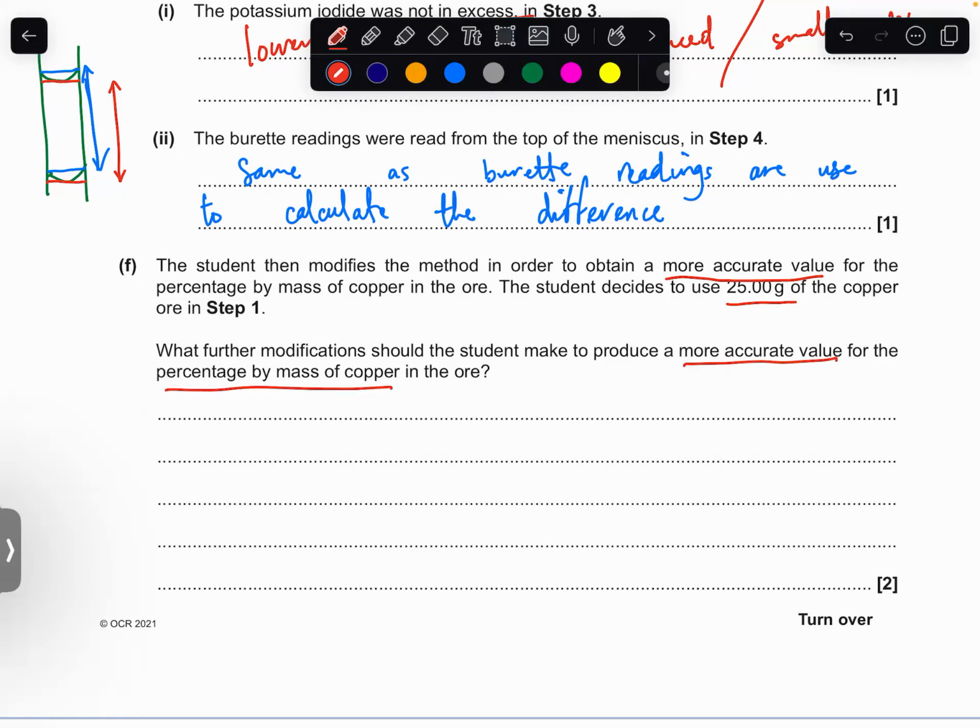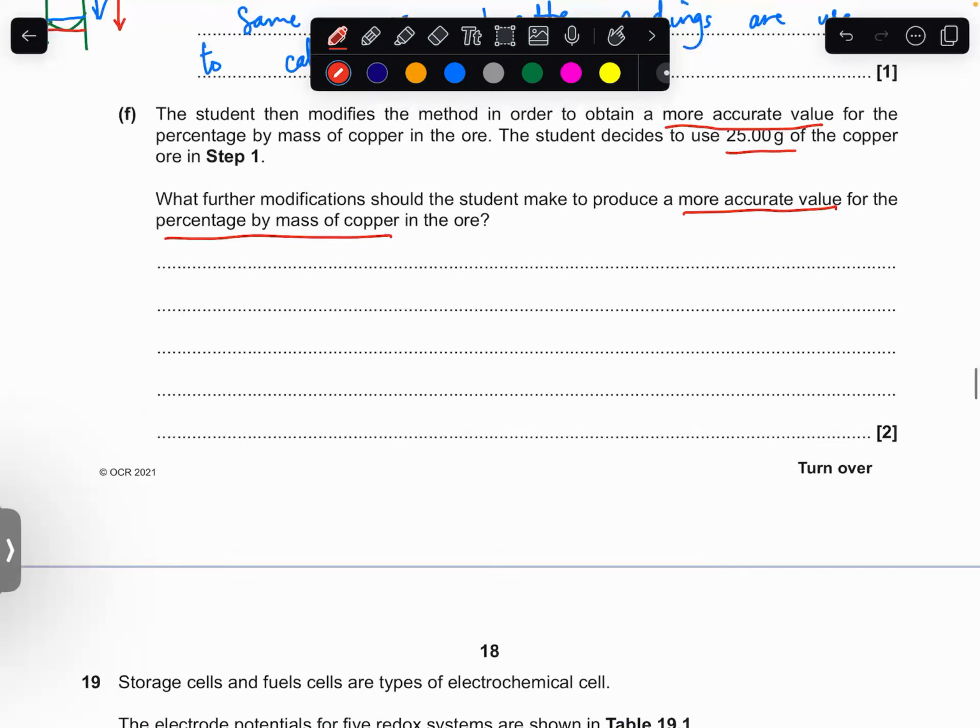Now, one way of looking at it is that anything that can reduce the percentage error makes it more accurate. How is the percentage error calculated?